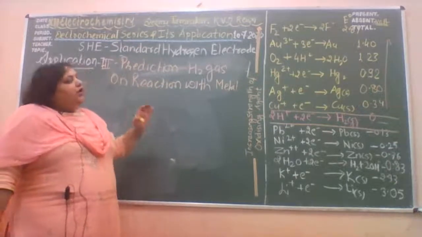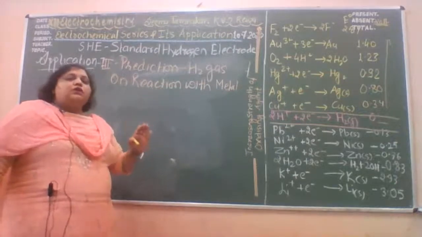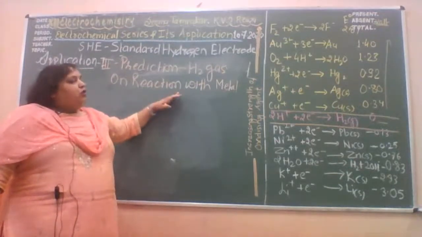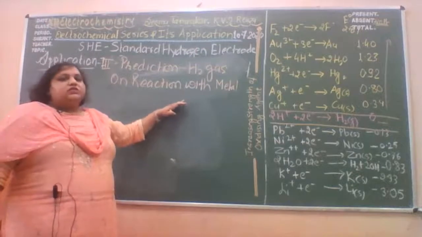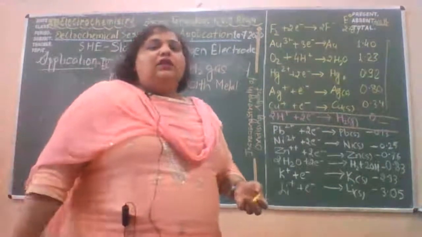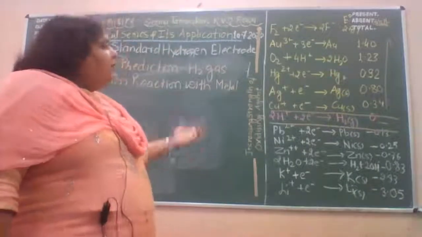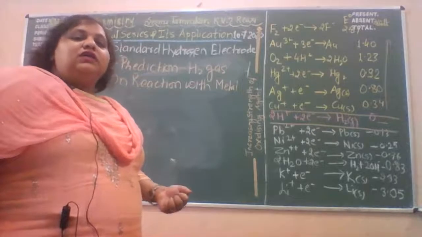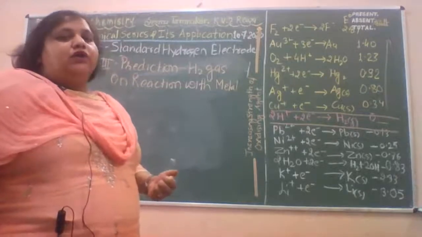So today you all will solve the questions given in our book on the concept of these 3 applications, and the next class I will take with another application and the next part of the electrochemical series and the other part of the chapter.